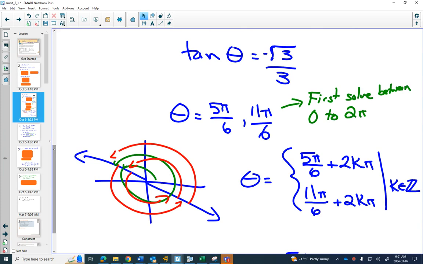I think in chapter 6, we wrote 2 pi and then put the k at the end, and in chapter 7, they like the k in the middle. It really doesn't matter. But you tend to see it more often with 2k and pi right at the end, rather than 2 pi k. They're identical. All we're doing is adding or subtracting multiples of 2 pi.